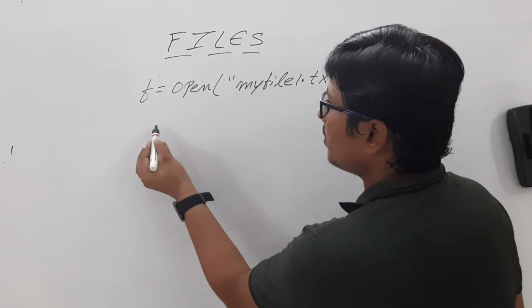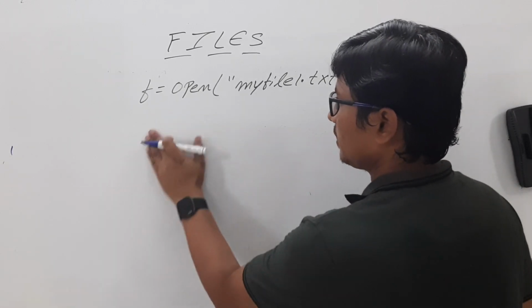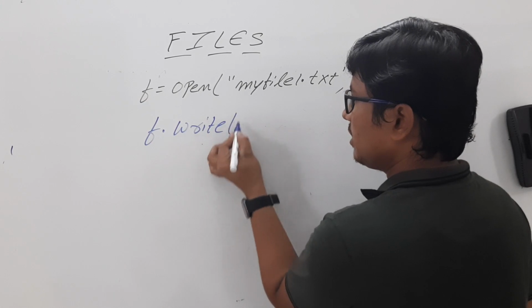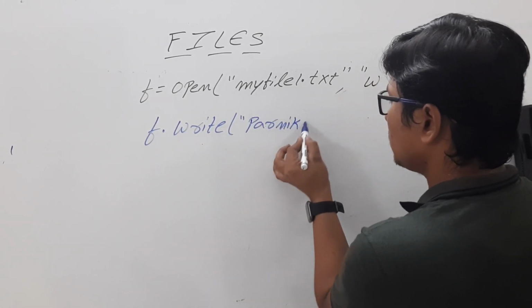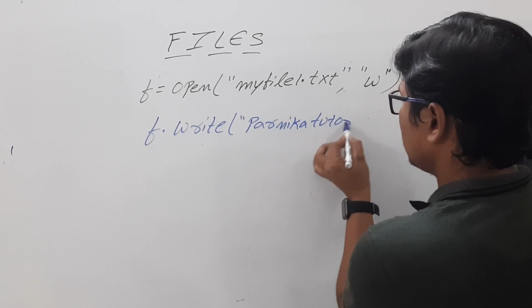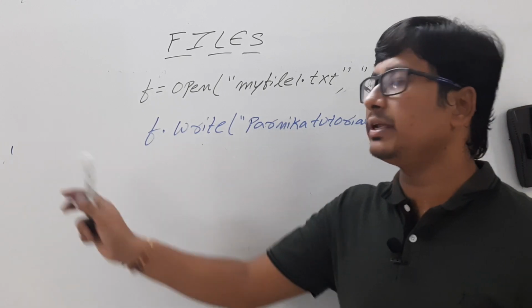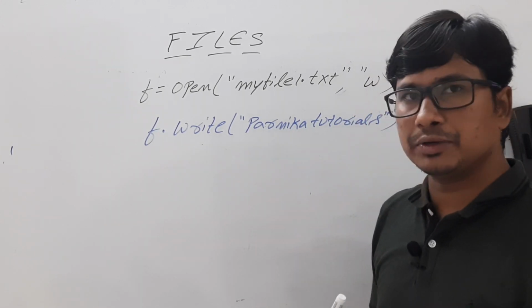Suppose I am writing f1.write, Parnika tutorials. Then this information will be written in the file. Is it clear? I hope you are able to understand.